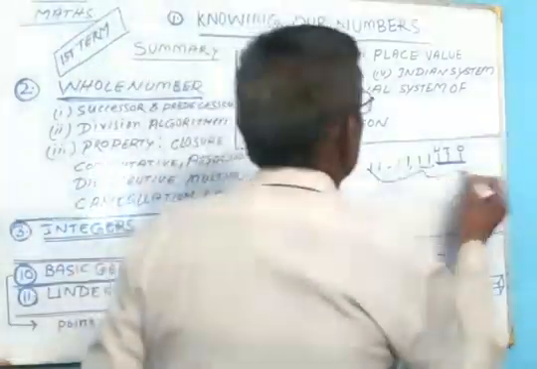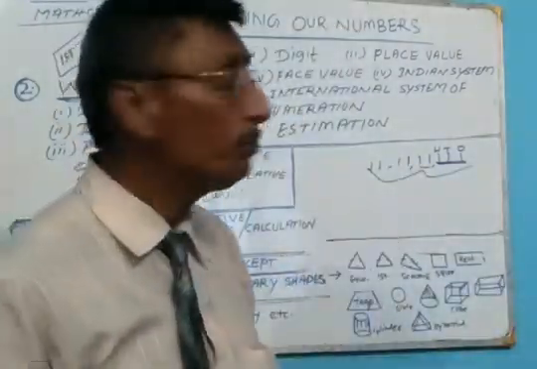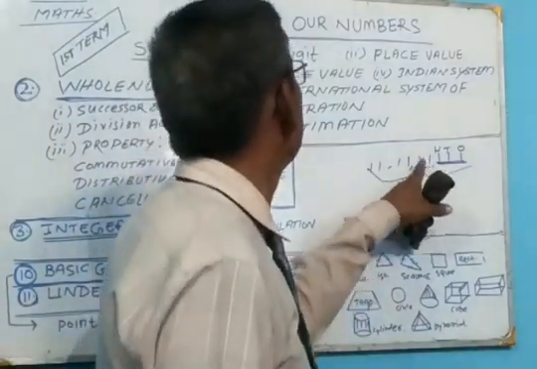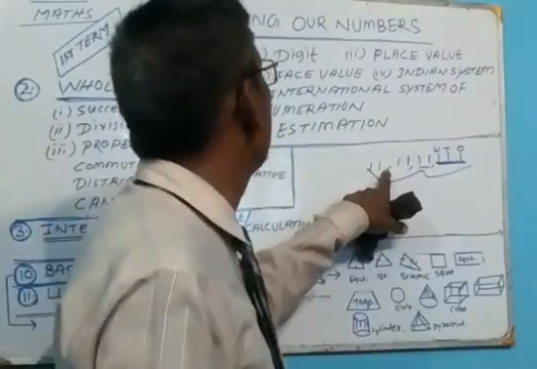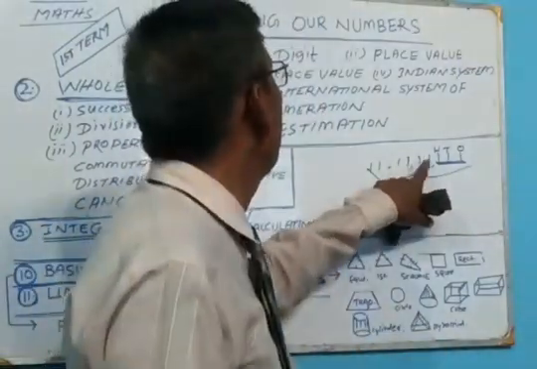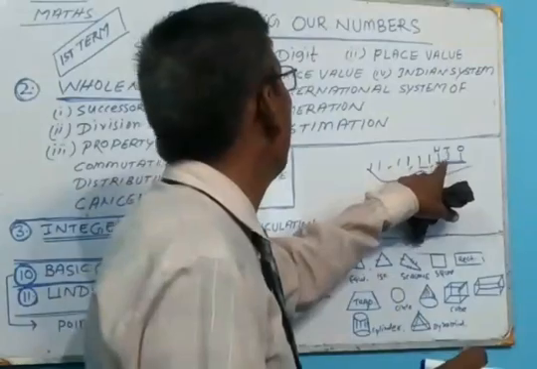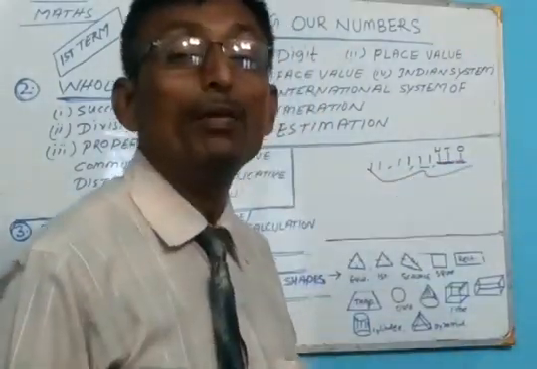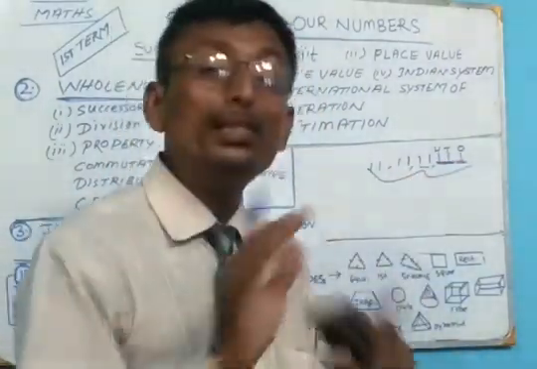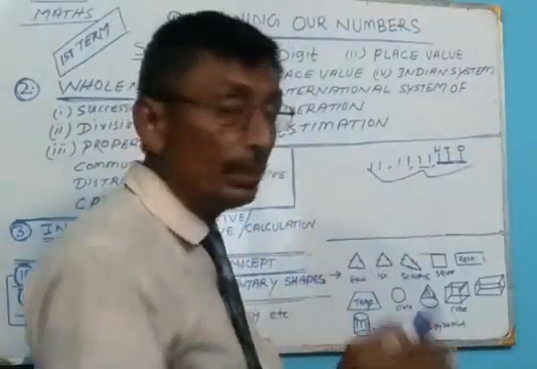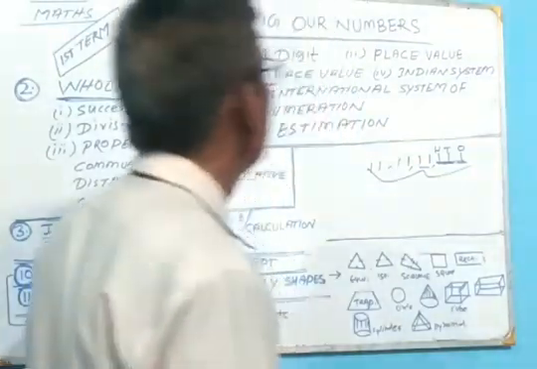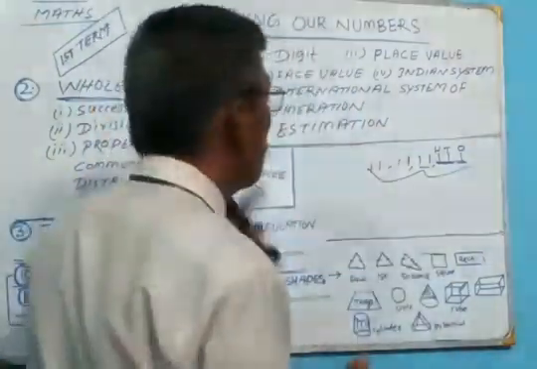So in the Indian system it is 11 crore, 11 lakhs, 11,111. It is in the Indian system, but when it is written in the international system, we write it like this.